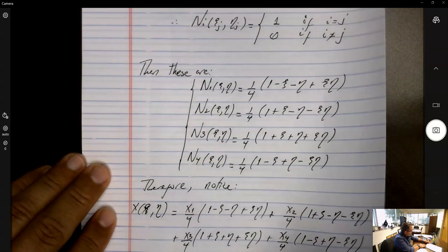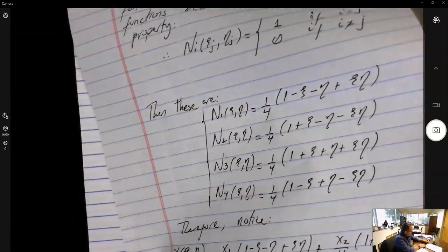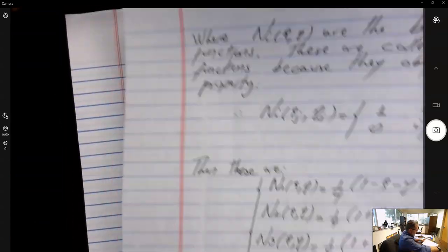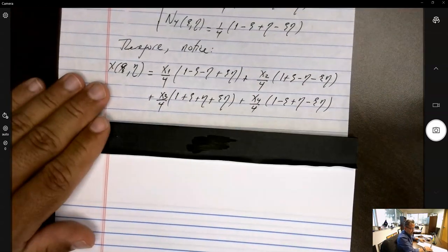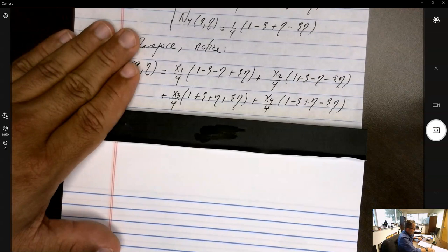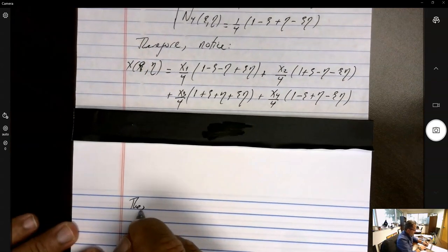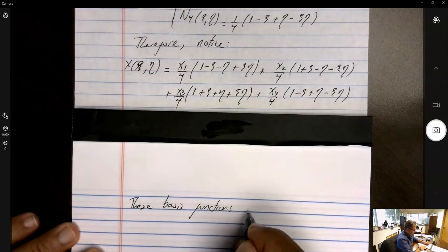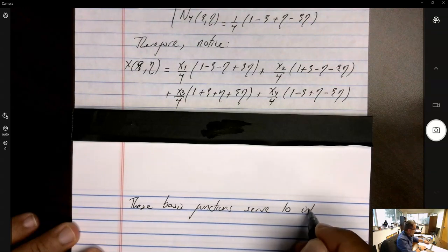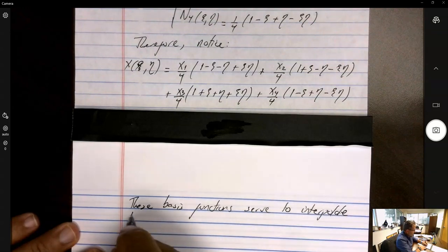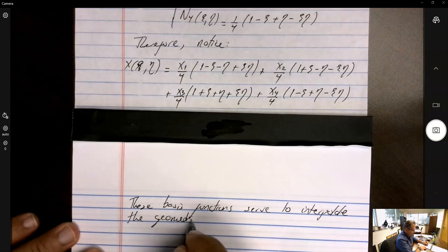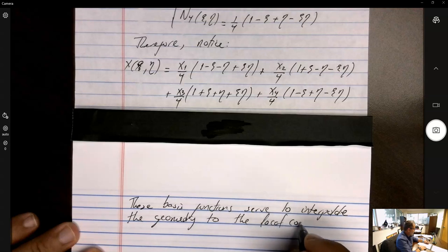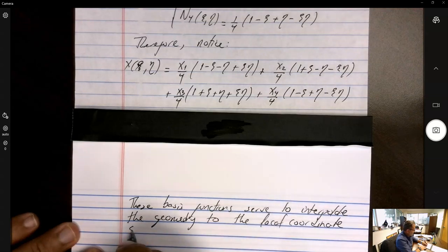So these basis functions serve to interpolate the geometry to the local coordinate system psi eta.